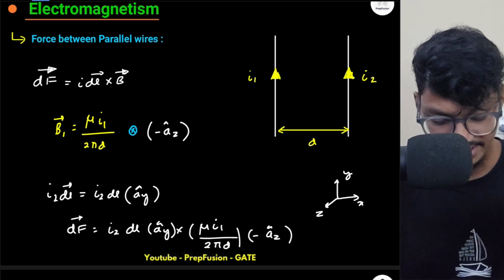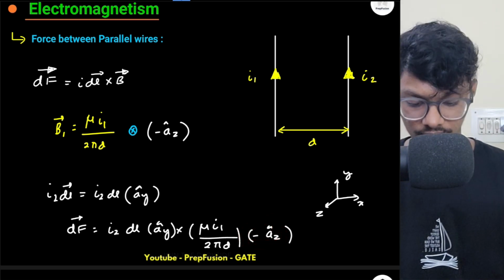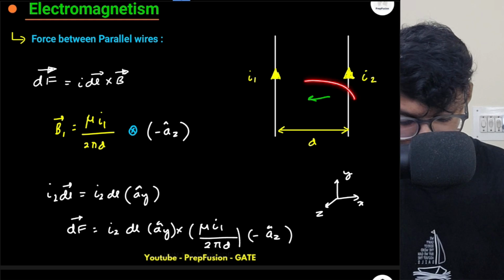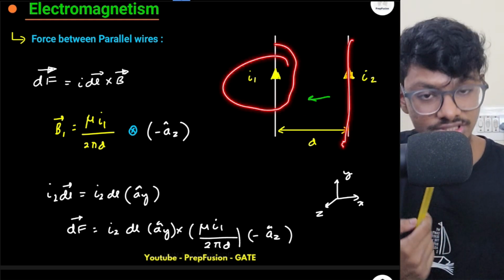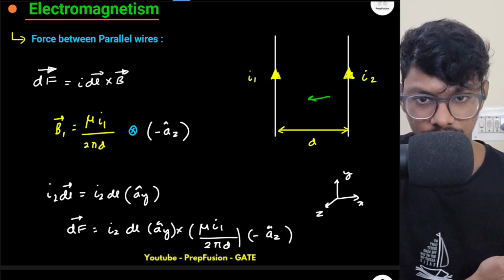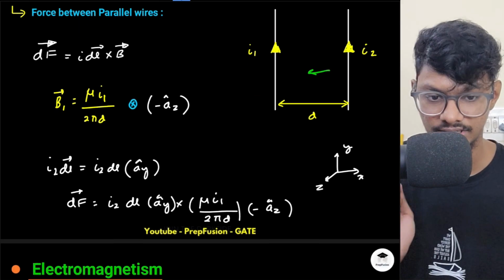What is ay cross az? It is plus ax, but as it is negative, it will be leftward. So due to the current flowing through this conductor, this conductor will attract the other conductor, as I1 and I2 are both in the same direction. We'll understand about this as well.